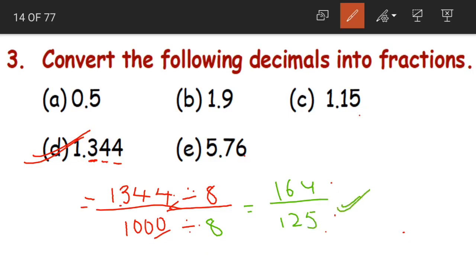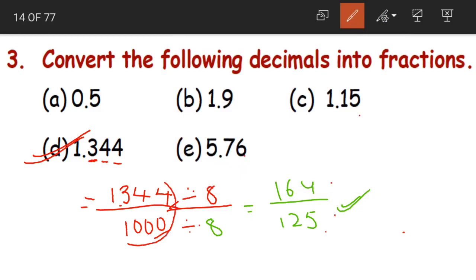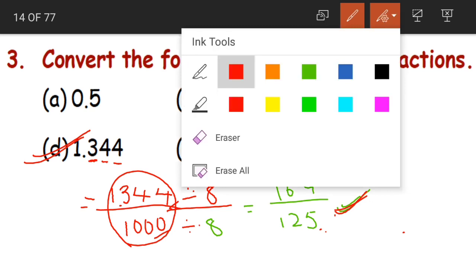So this will be our final answer, children. The answer reduced to the simplest form. This is the fraction, yes, 1344 divided by 1000. But reduced to the simplest form it is 168 divided by 125.